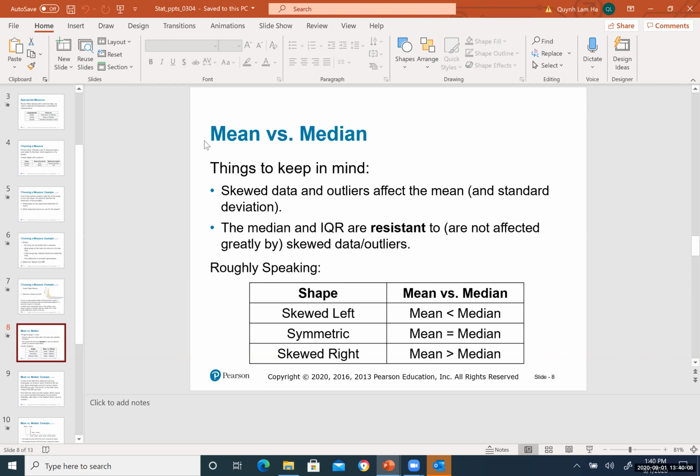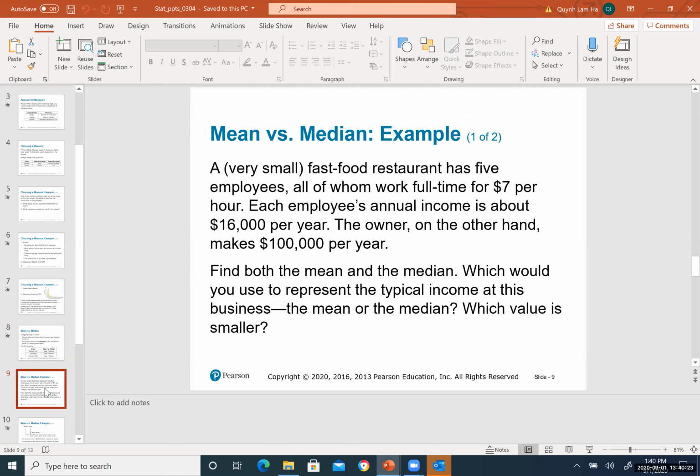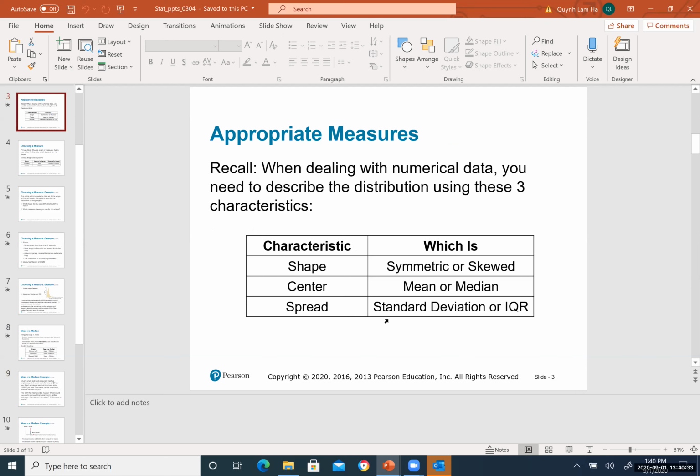However, for a skew distribution, you must find the typical value by computing the median and the spread by finding IQR. That is a must. You can jot down what I just said somewhere to keep in mind, or go back to the previous slide, which already gives it to you. For symmetric, you can use mean or median, standard deviation or IQR, but for skew you have to use only median and IQR.